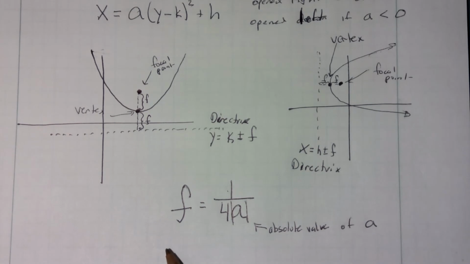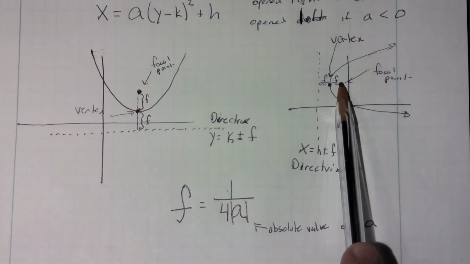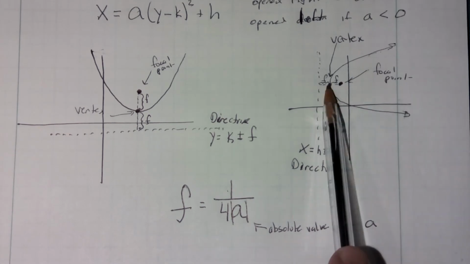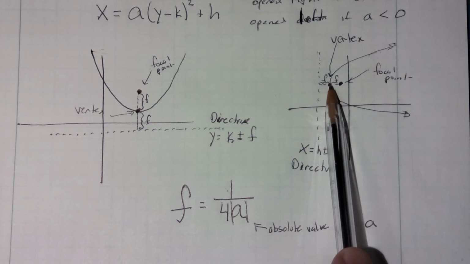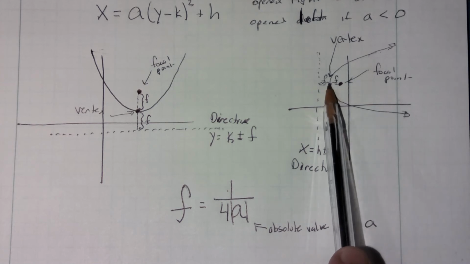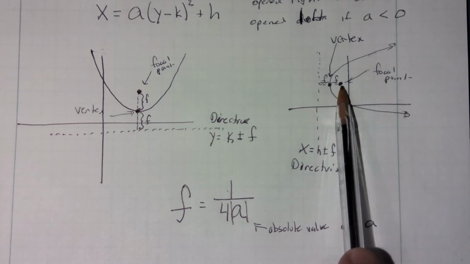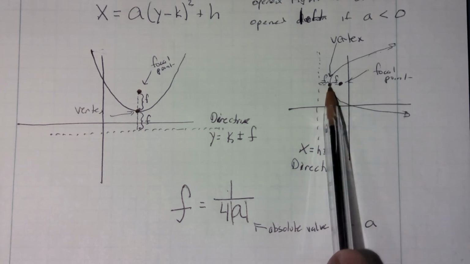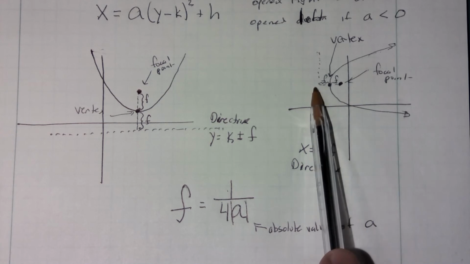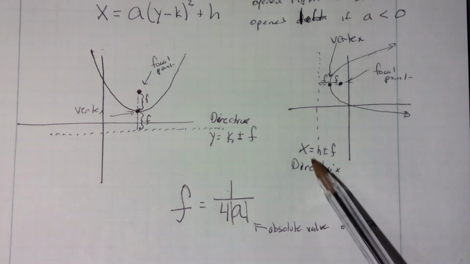And then when you find the focal point, if it opens to the right, you add the focal length to the x value of the vertex, and the y value stays the same. To find the directrix, you subtract the focal length from the x value, and then say x equals.